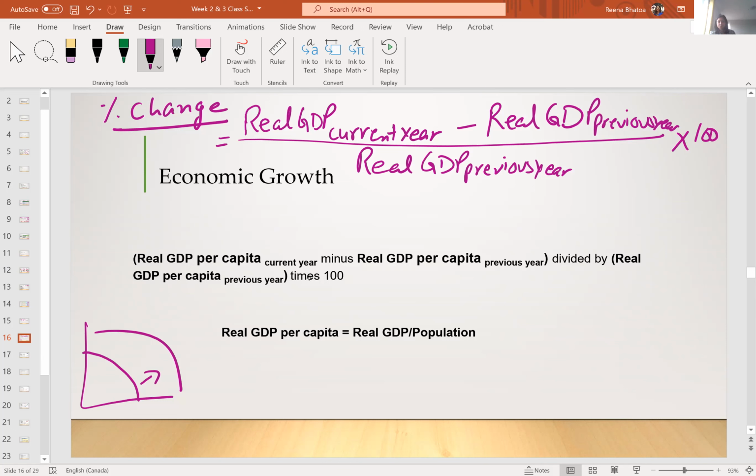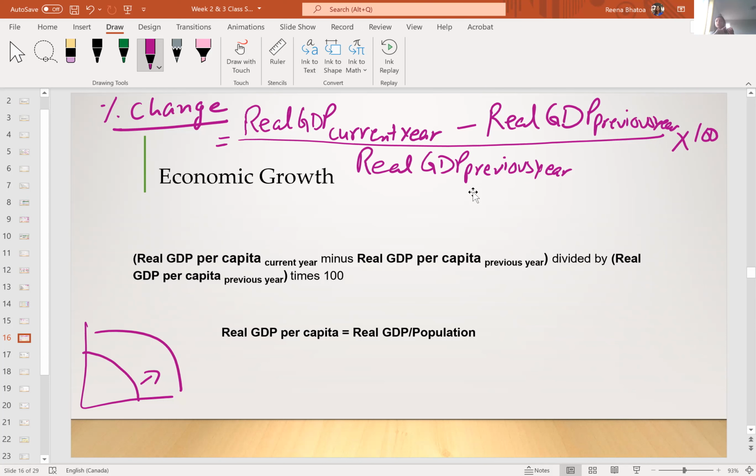This is the growth rate formula. Real GDP current year subtract real GDP previous year divided by real GDP previous year. This is also the percentage change formula that you might have studied in math, or will study in math. That is current subtract previous divided by previous times 100, whatever growth rate or percentage you are calculating.